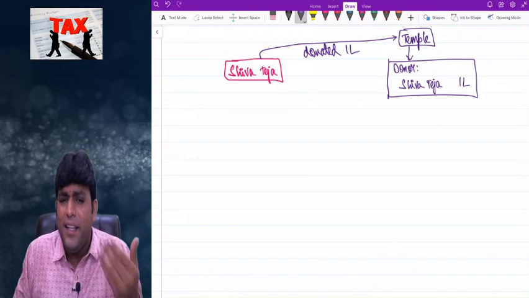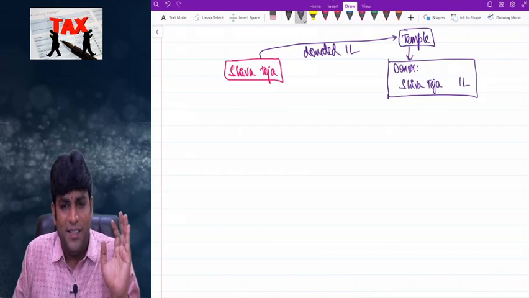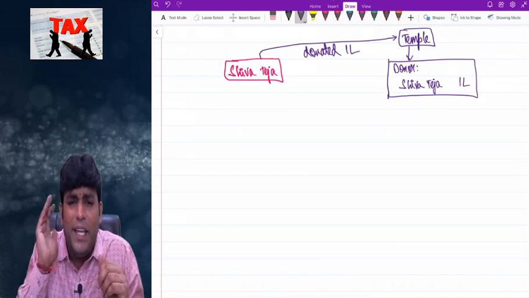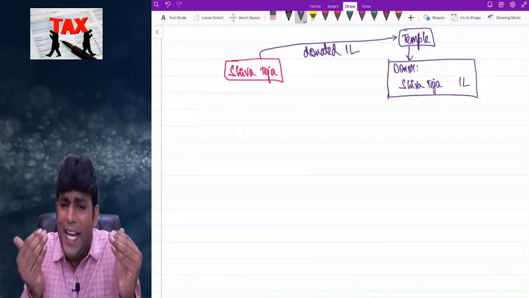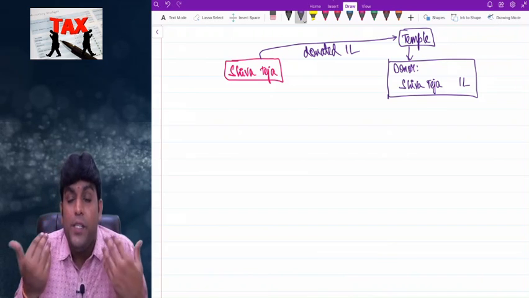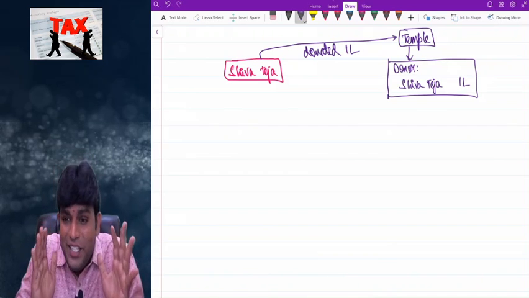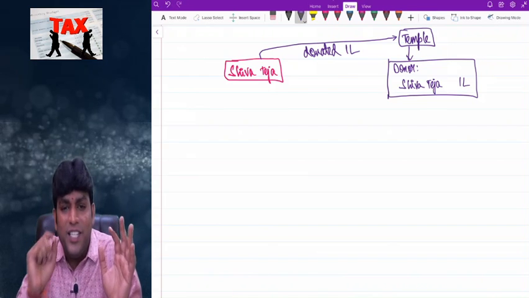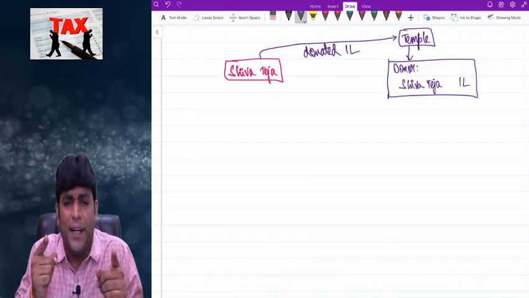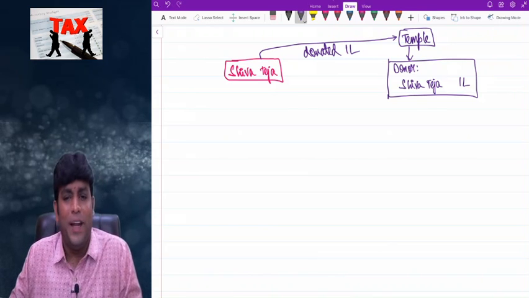So basically, why did they give money to IPL? Because they are getting the advertisement service. But here, Shivateja did not give 1 lakh to the temple for taking advertisement service. And temple was under no obligation to display Shivateja's name. But they have displayed that only out of gratitude towards Shivateja. Now this transaction cannot be regarded as supply. This is what they have clarified.